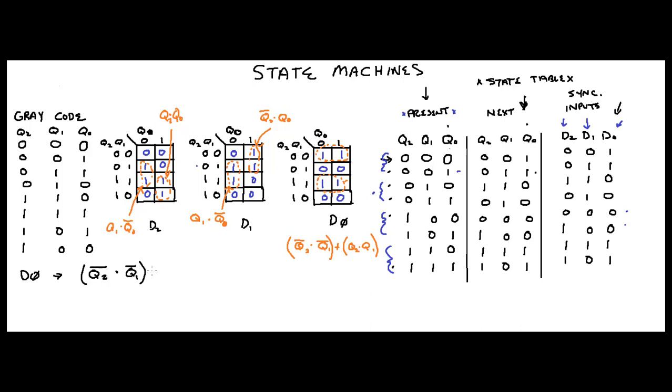Remember, sum of products, and we're going to have an OR gate. And then what's it going to be? It's going to be Q2 Q1, right?